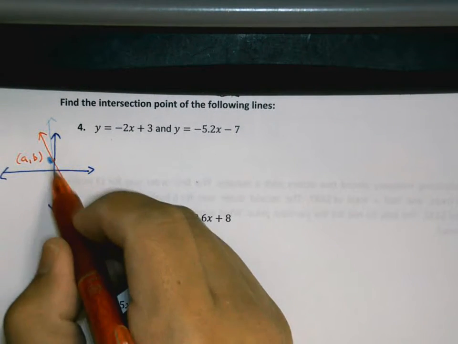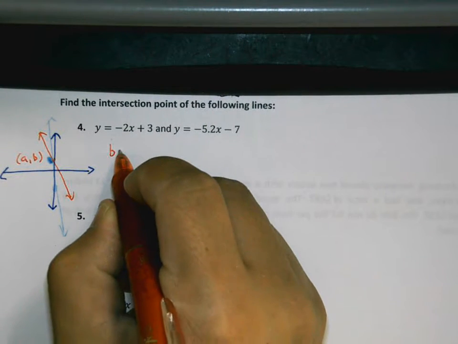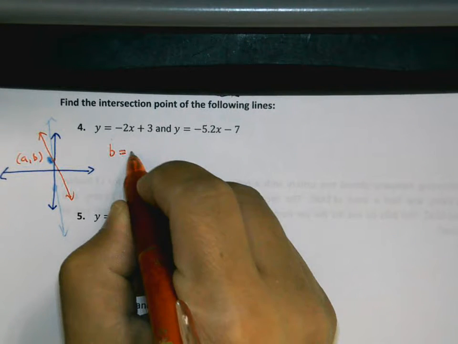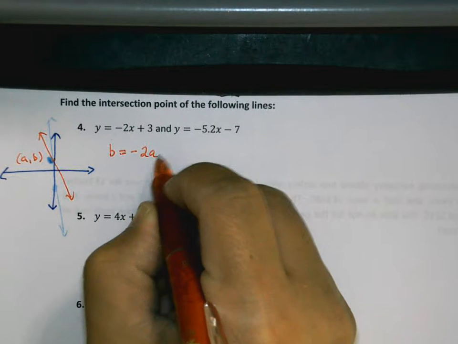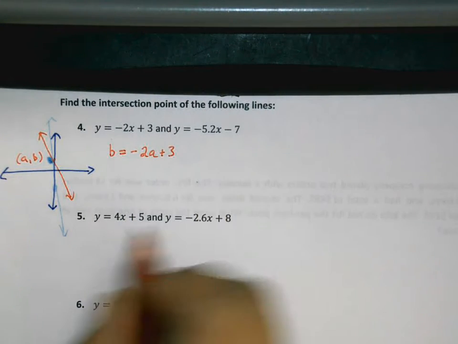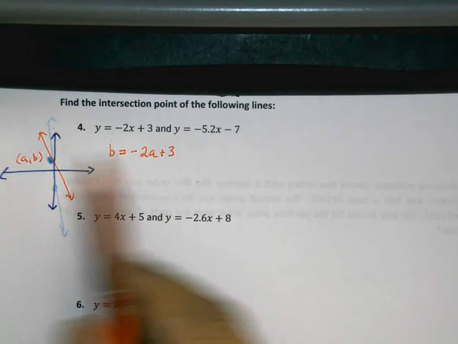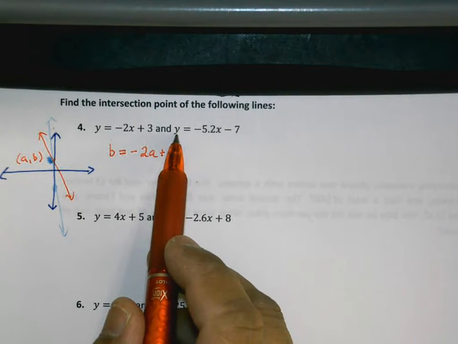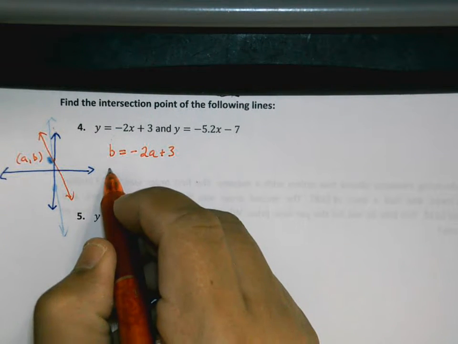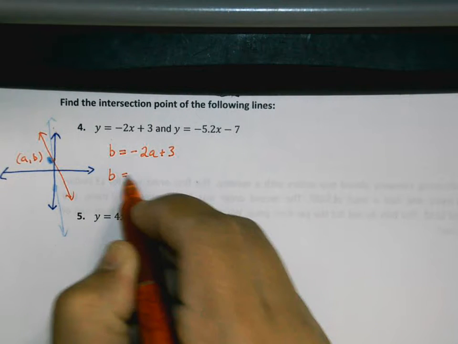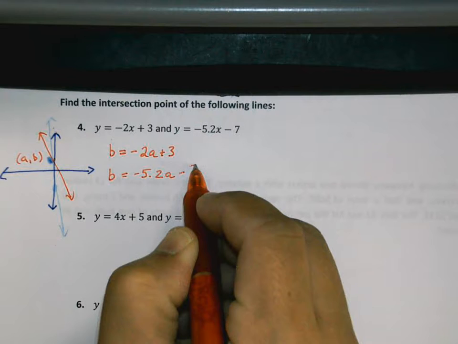Since (A, B) is on the red line, it must be true when you substitute in B for Y and A for X. So B is equal to -2A plus 3. And then (A, B) is also on this light blue line, so we can substitute B for the Y value here and A for the X value here, and get the same result. So B is equal to -5.2A minus 7.